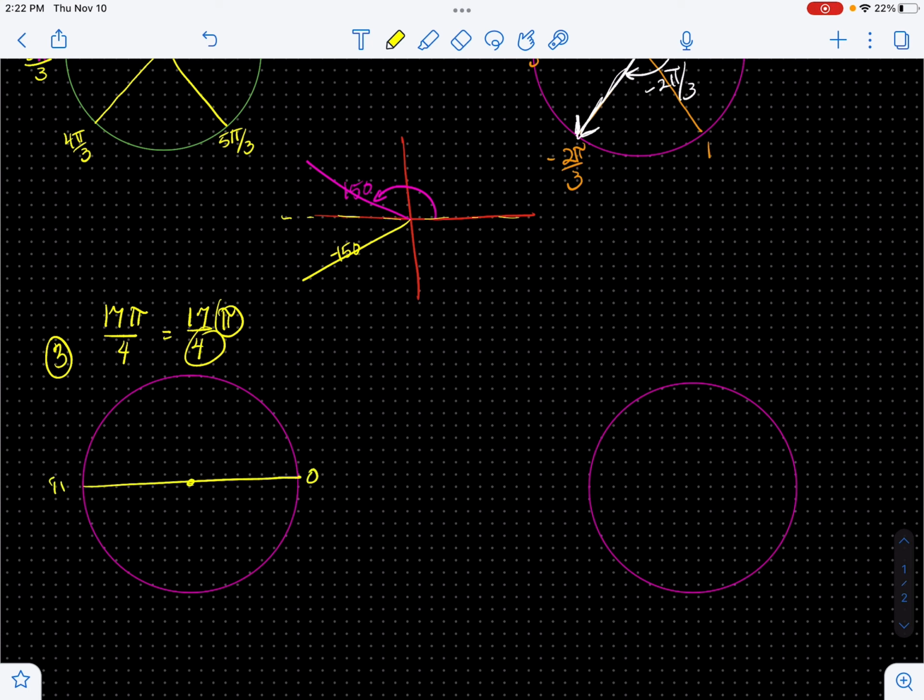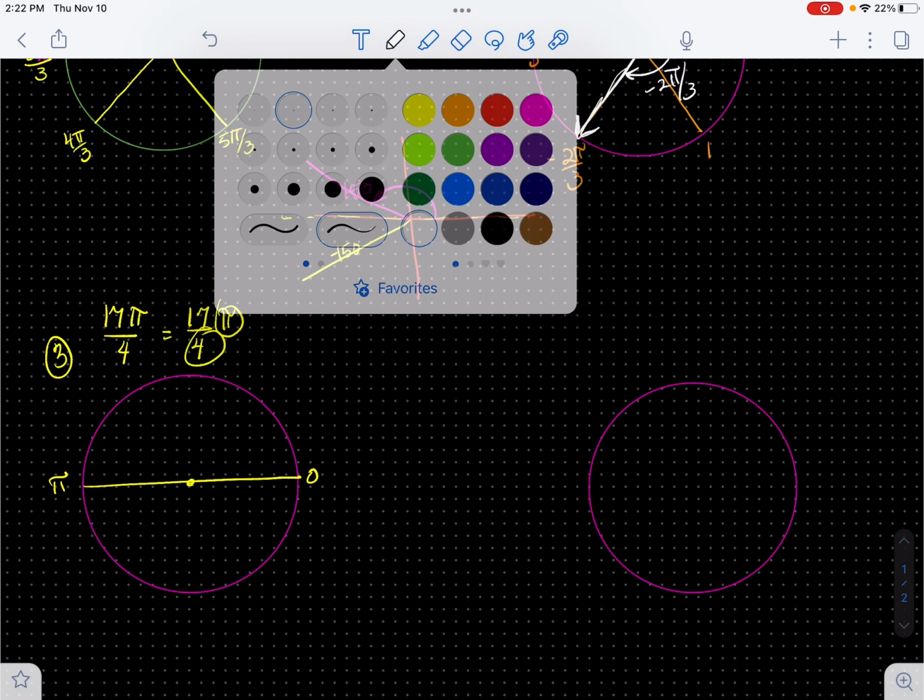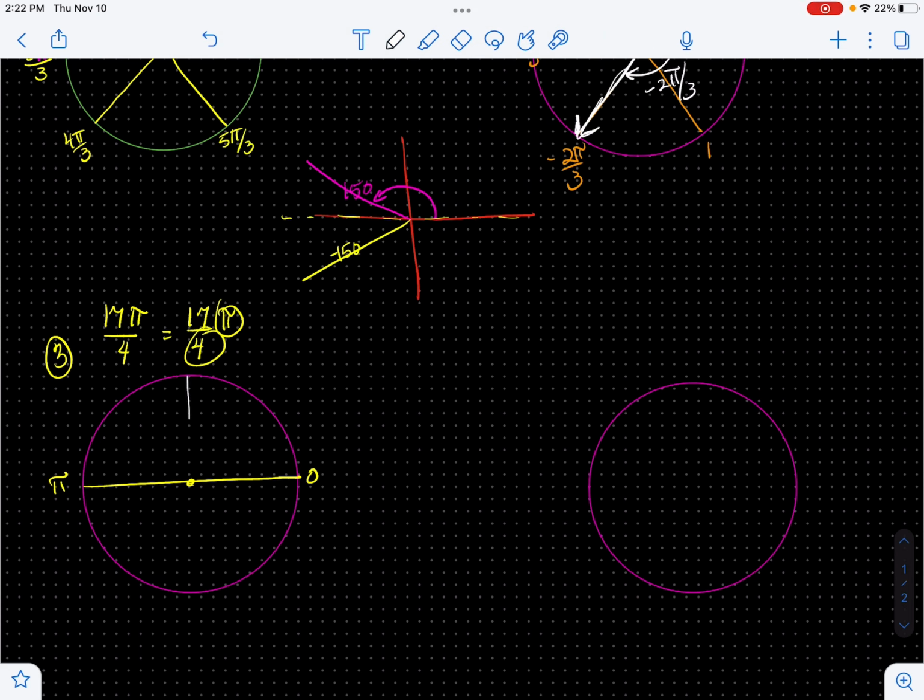0, pi split into 4 parts. Oh, that's beautiful. Half will be right here, so this will be a 4th, and that'll be a 4th. And if I continue, these are all 4ths. 1 pi over 4, 2 pi over 4, 3 pi over 4, 4, 5, 6, 7, 8.